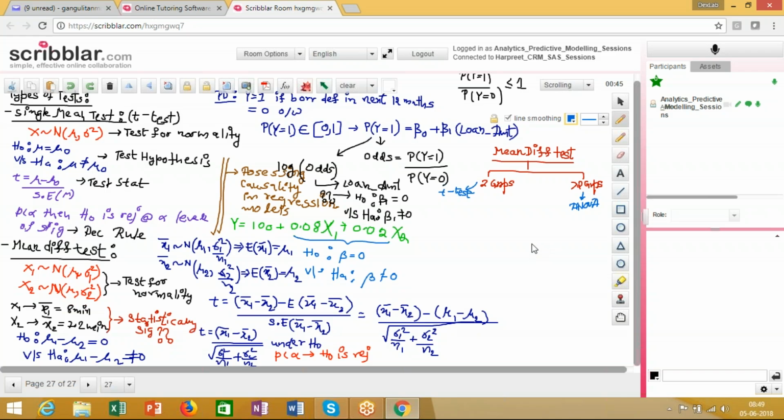ANOVA stands for analysis of variance. So if there are more than two groups of values, we compare the variations across all of them, and then from there we start working.